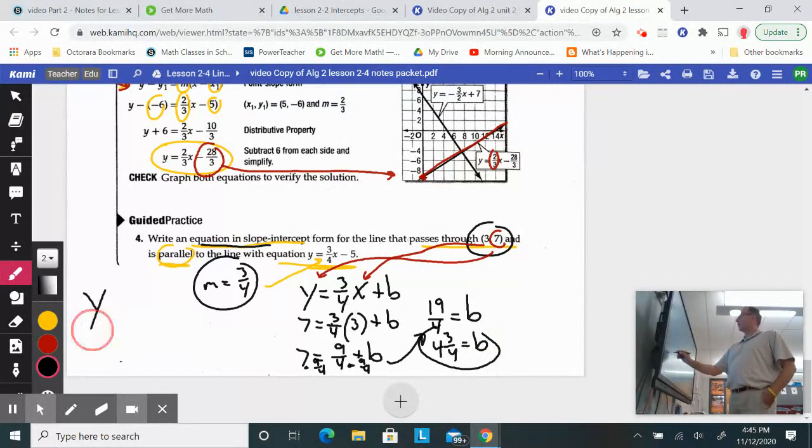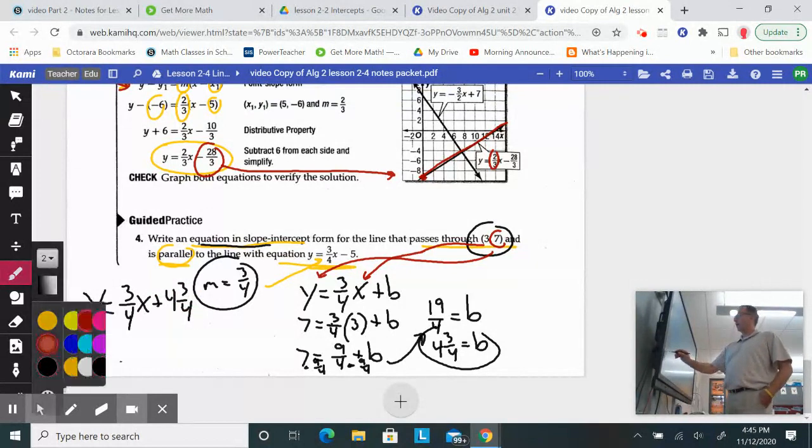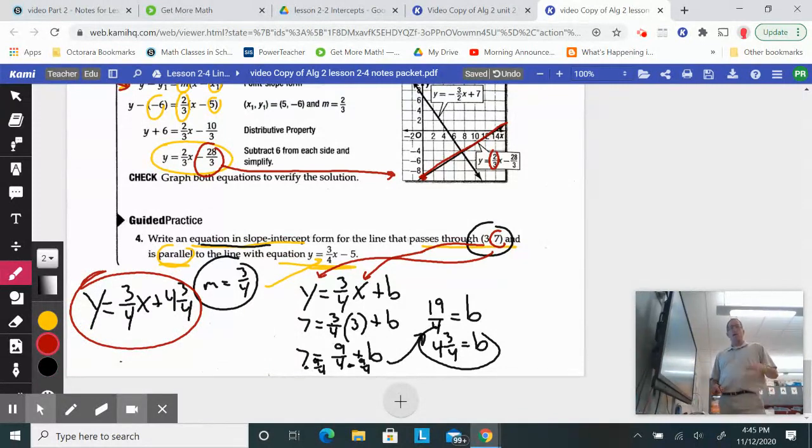So all I do is put y equals 3/4 x plus 4 3/4. And that would be my final answer. A little crazy. Not all the ones we do are going to be that crazy with a y-intercept of 4 3/4. You could keep it as 19/4, improper, also.